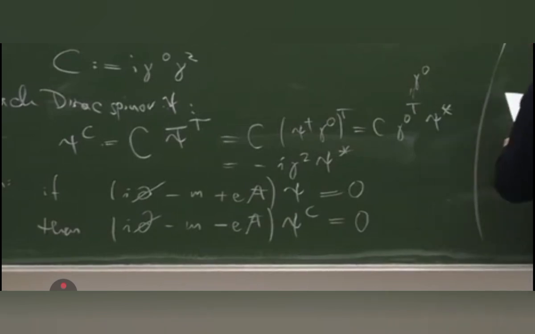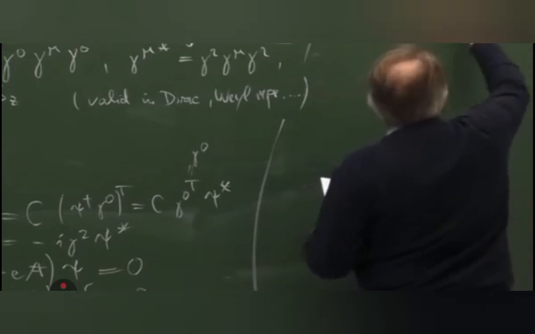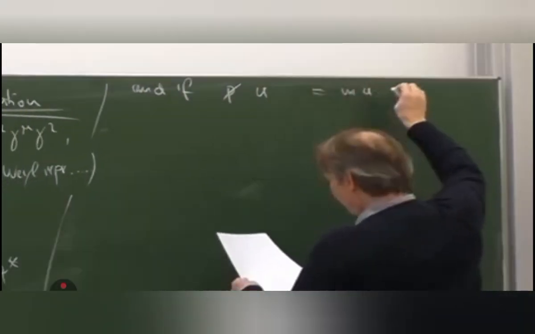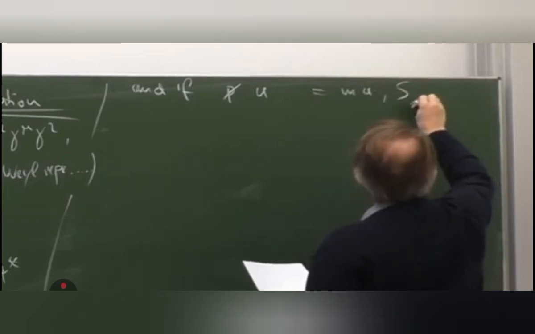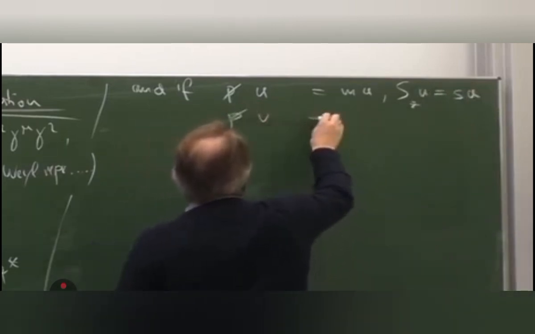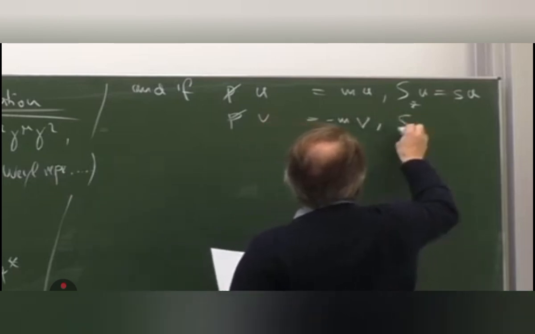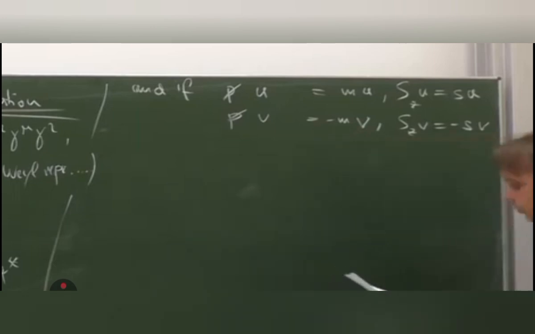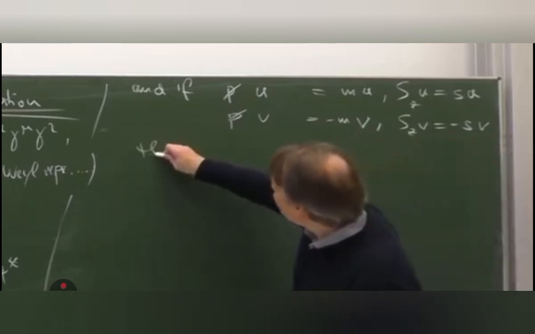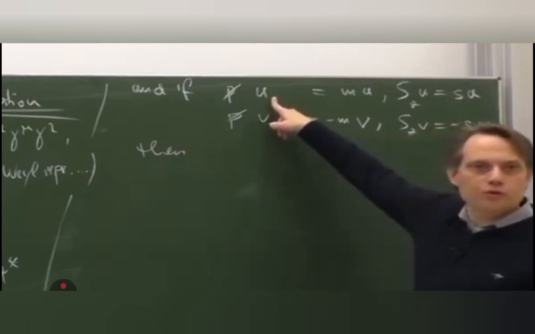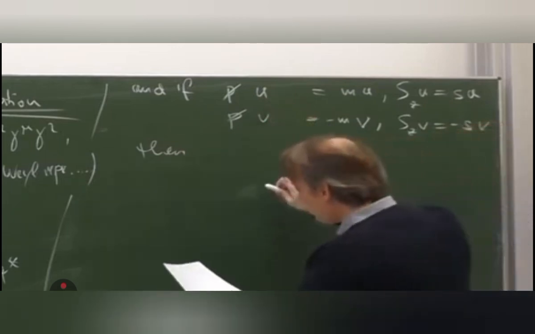And if P slash on the spinors U is equal to M U, and spin Z, S_Z acting on U equals S U, and P slash V is equal to minus M times V, S_Z V equals minus S times V, that was our condition, then you can show that the charge conjugated versions of U and V satisfy the following.